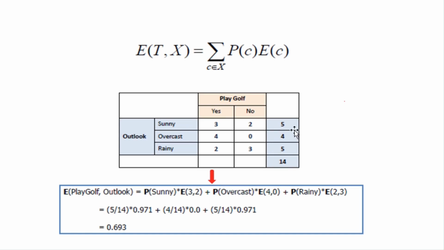Similarly, the probability of overcast is 4 out of 14 and the probability of rainy is 5 out of 14. And the entropy of 3, 2, we have already discussed how we are going to calculate. So similarly we are calculating the entropy of the same, and here also we are calculating the entropy. Then finally we get the entropy of playing golf given outlook equal to 0.693.